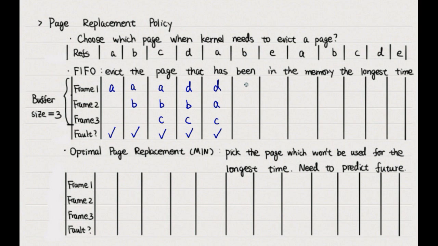Now we have page B, and we look back, and C is the longest. Now we have page E, and look back, and D is the longest. Now we have A, and A is already in memory, so we have no page fault. B is also in memory, so no page fault.